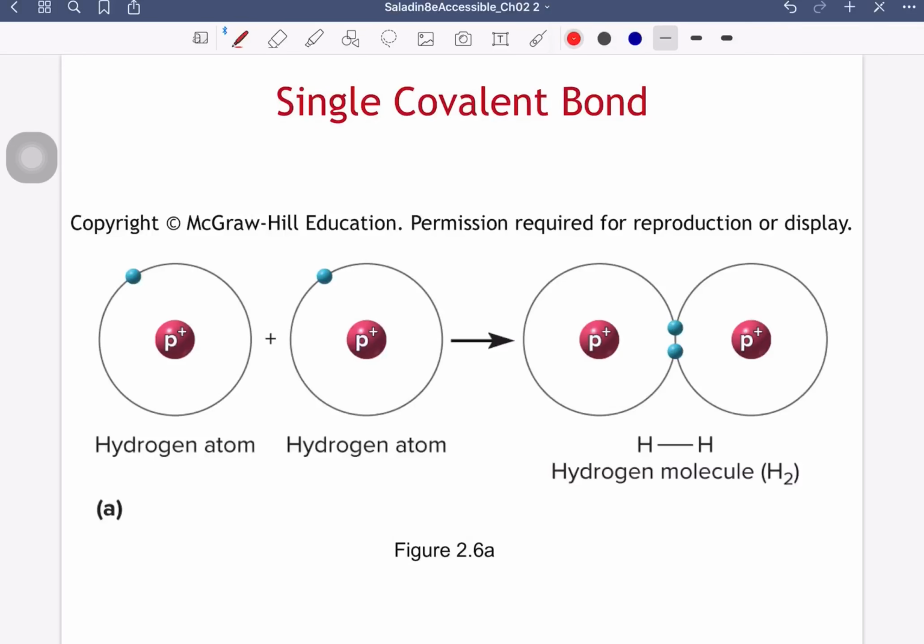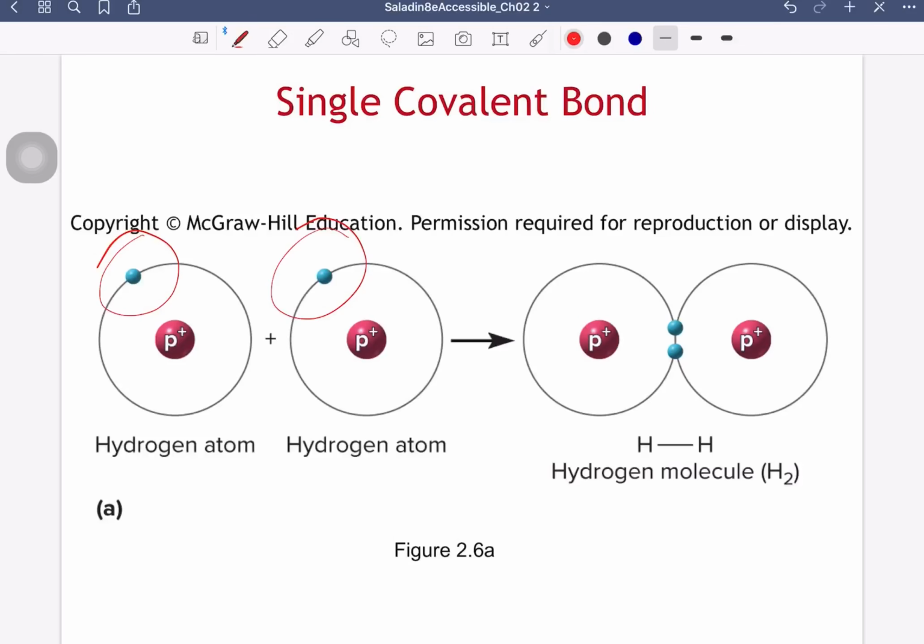Now, that was ionic. This is covalent. This is about not giving an electron from one to the next, but sharing. Here's a hydrogen, and it's got one electron there. Now remember, because this only has one shell, to fill it, it only needs 2 electrons.